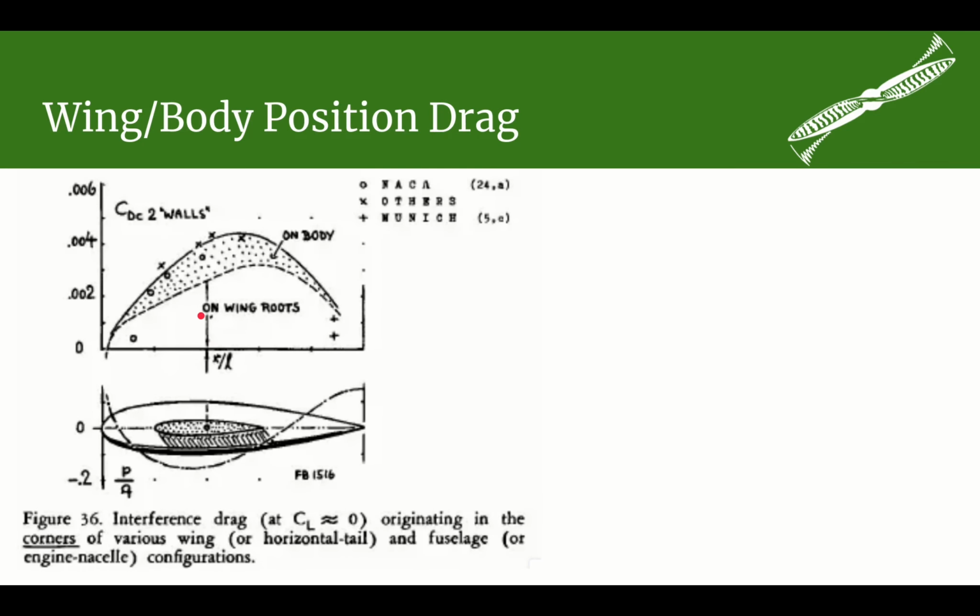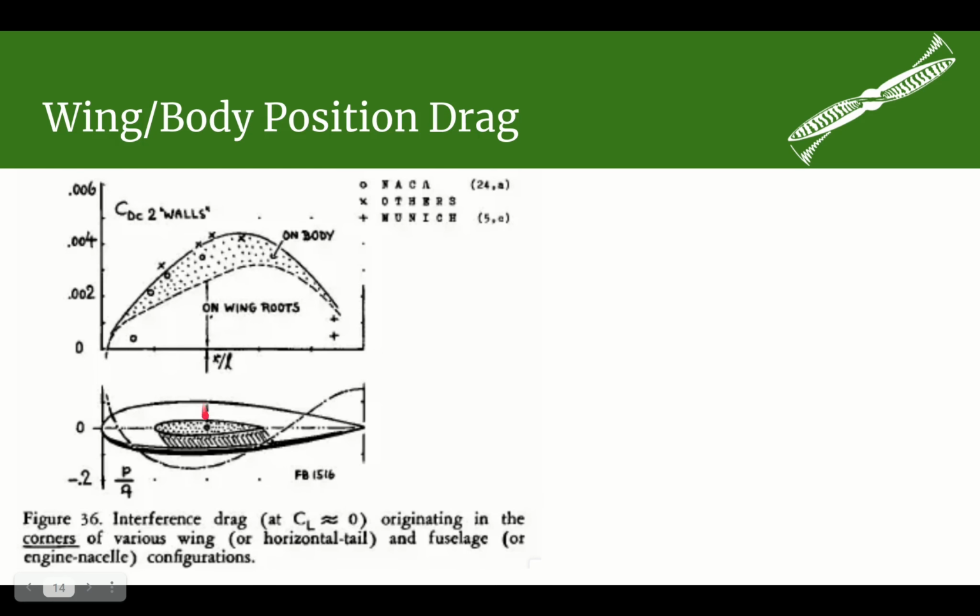So interference drag can vary depending on where you place your wing against another body. So in this case, it could be a wing attached to the fuselage, a wing attached to a nacelle, and the position of the vertical tail relative to the horizontal tail fore and aft. So that's what we're looking at here. What we're looking at here on the horizontal axis is the placement of this airfoil along the longitudinal axis of this body.